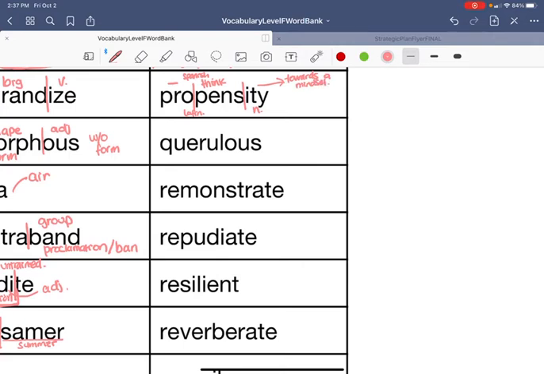Another way you could explain this word is that it comes from the Latin root pendere. This is important because I've seen a lot of words that mean cliff, or hanging, or inclination, right? And these words have something to do with towards a way.